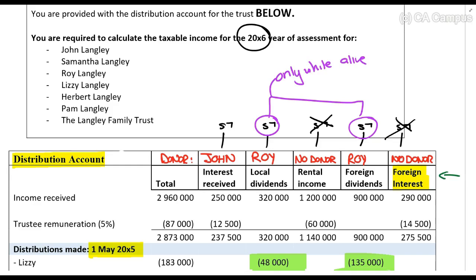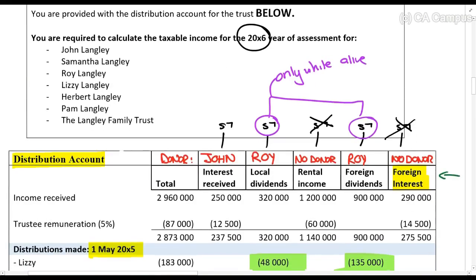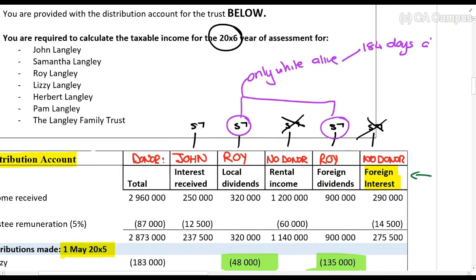If he passed away on the 1st of September, then it means he was alive for 184 days and 181 days he was deceased. So you can only apply it during the period that he was alive.